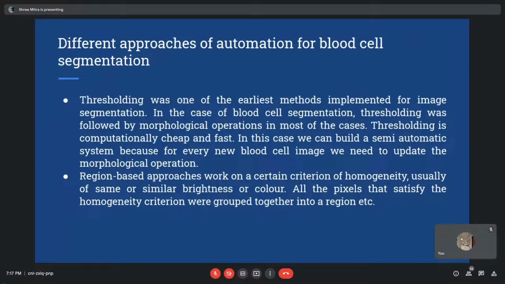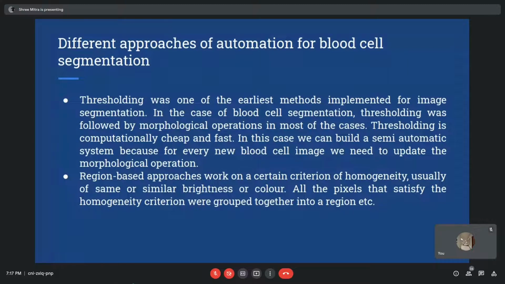In this case, we can build a semi-automatic system because for every new blood cell image, we need to update the morphological operation. Thresholding is basically used for foreground or background segmentation of a cell image using binary thresholding, inverse binary thresholding, Otsu's thresholding, etc.